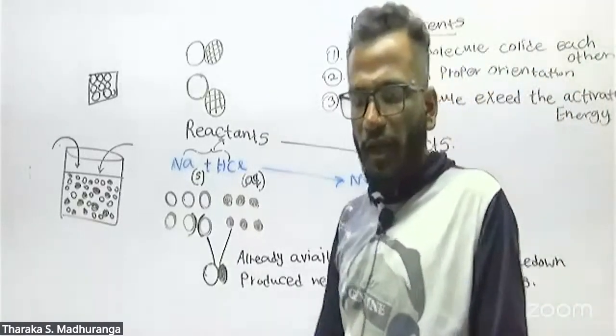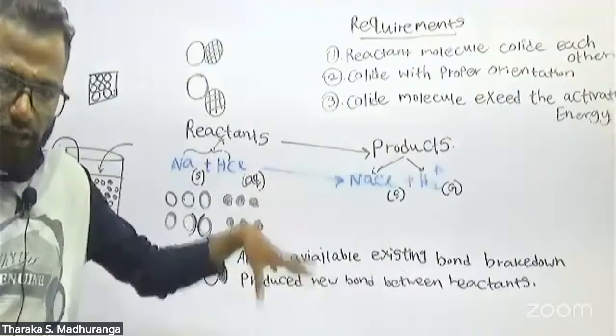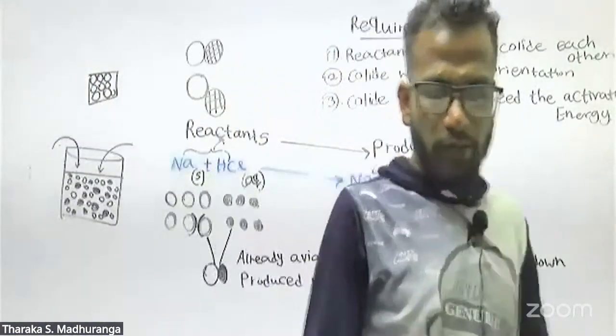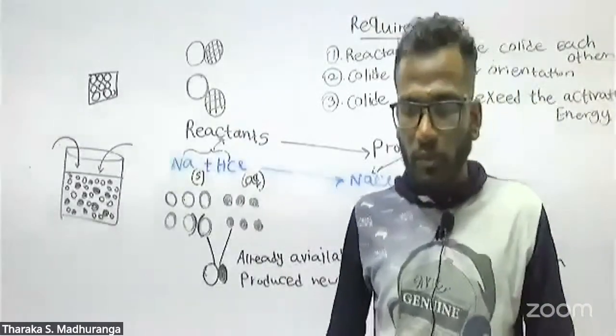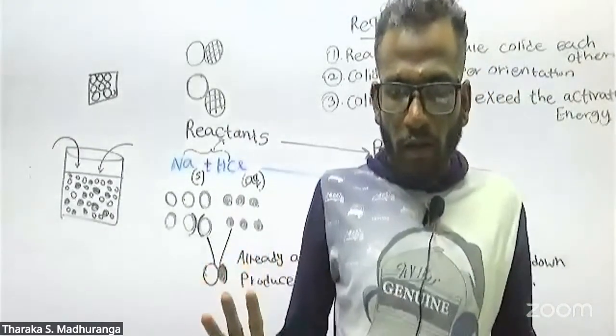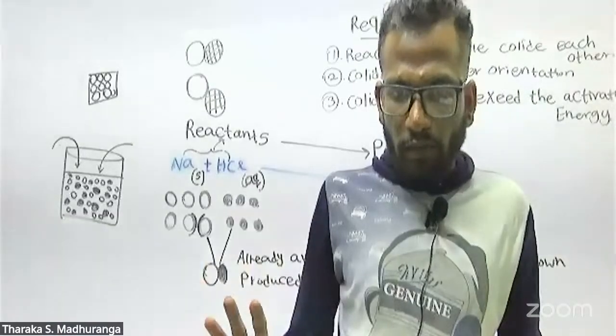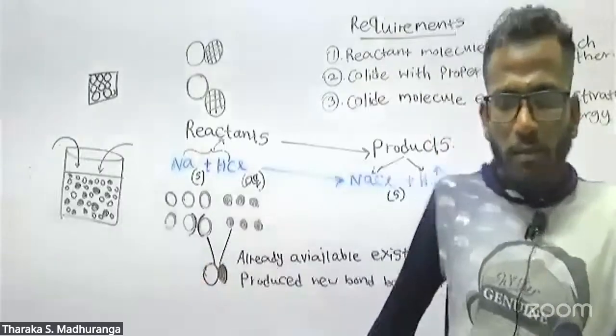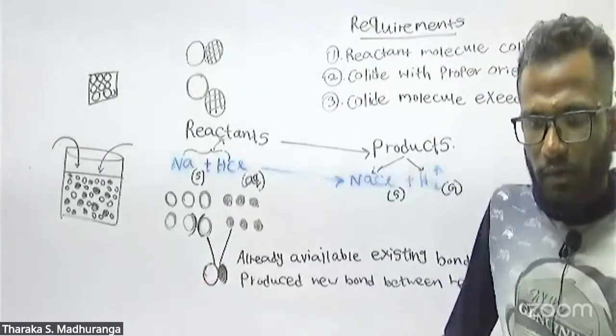That I will explain after writing this, otherwise it will be complex, no? Okay, start to write. Where did we stop? The chemical reaction at the molecular level, no?